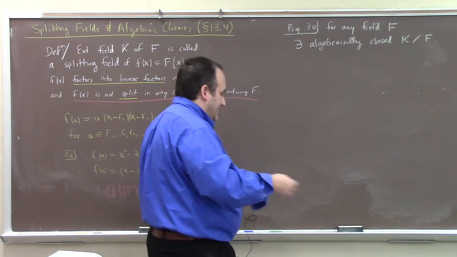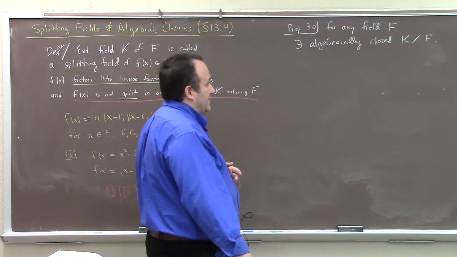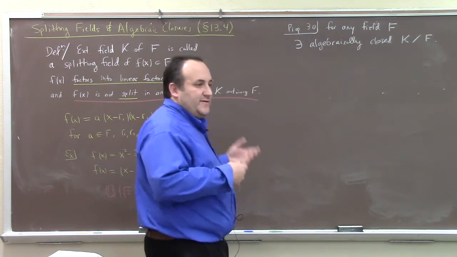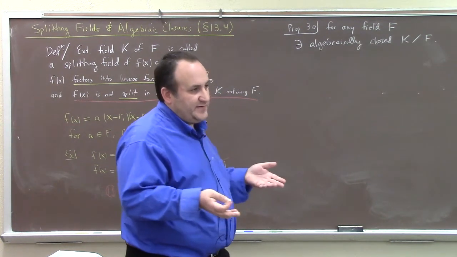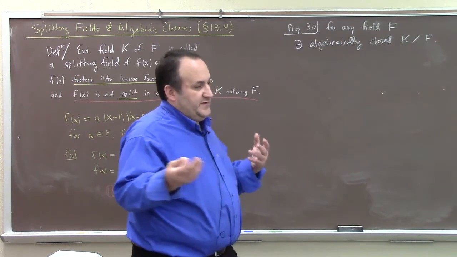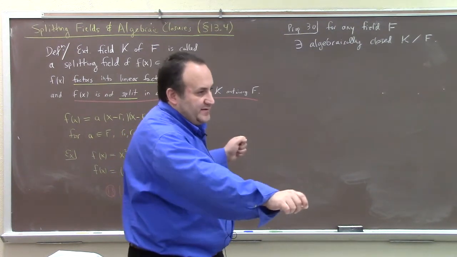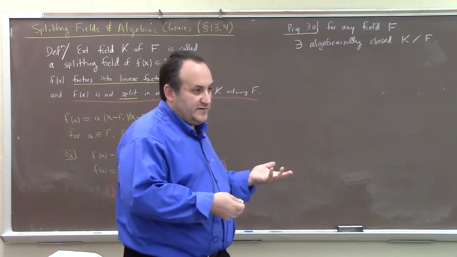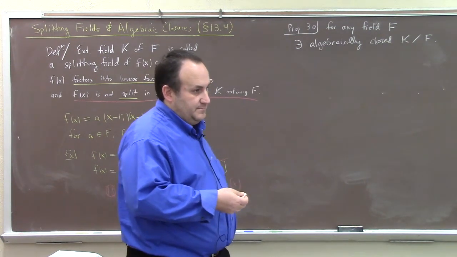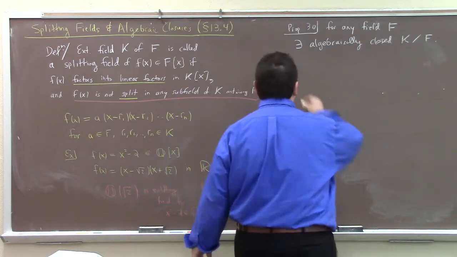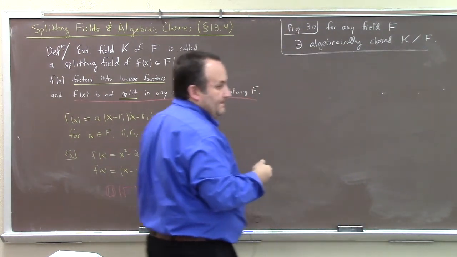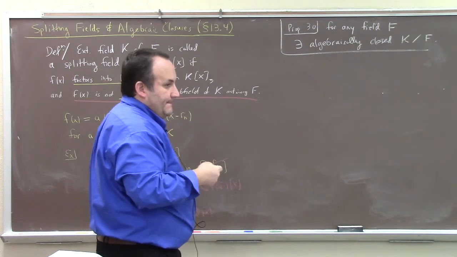I'm saying it's like the complex number system. But Proposition 30, we don't really need it because most of our examples are rational polynomials, right? Push comes to shove, we can do the math over the complex numbers, look at the complex factoring, and see the answer to questions. Q adjoin i splits x squared plus 2, and it's a subfield of the complex numbers.